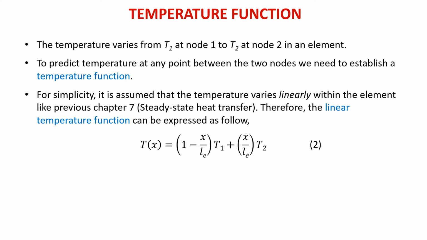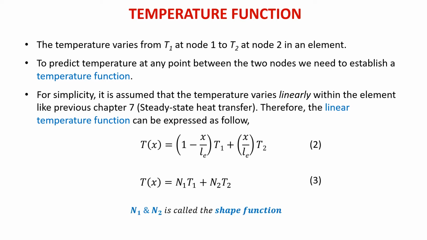Therefore, the linear temperature function can be expressed as follows, exactly like in the previous chapter, and we can simplify this equation as shown. The temperature is equal to N1 T1 plus N2 T2, where N1 and N2 are called the shape functions.